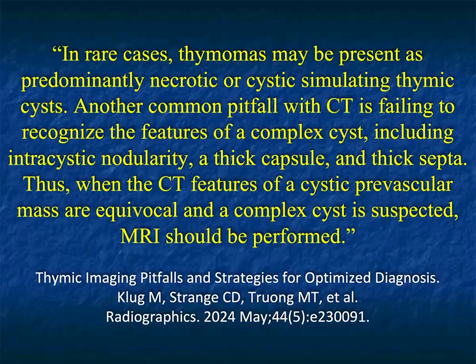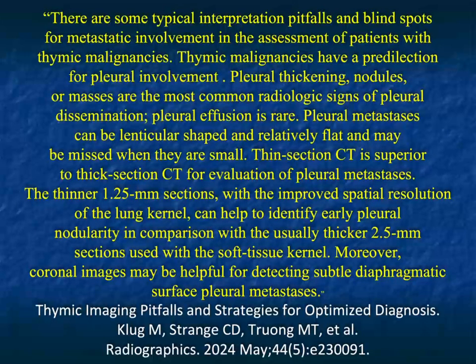And again, it's less common. When the CT features of a cystic prevascular mass are equivocal and a complex cyst is suspected, MRI may be helpful. But again, at the end of the day, I think you're going to end up with biopsy, which often is not perfect, so people will simply go in and resect it and make a definitive diagnosis.